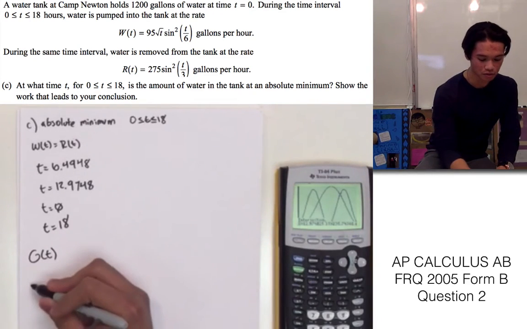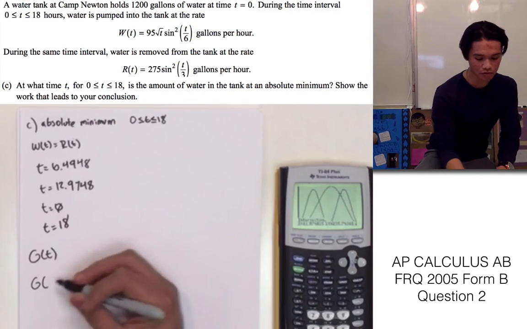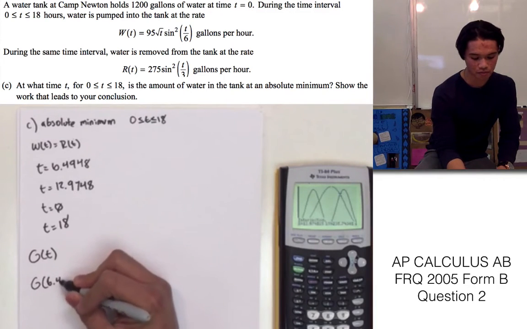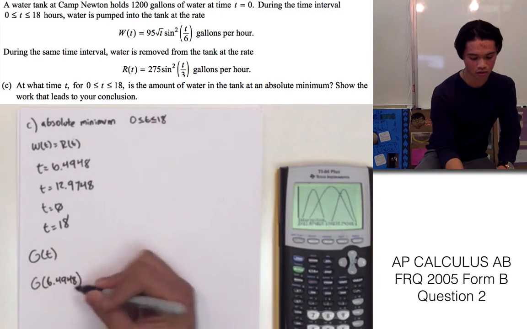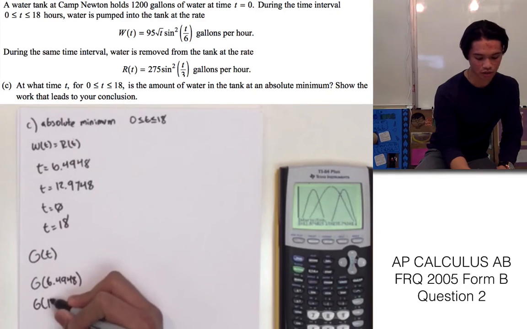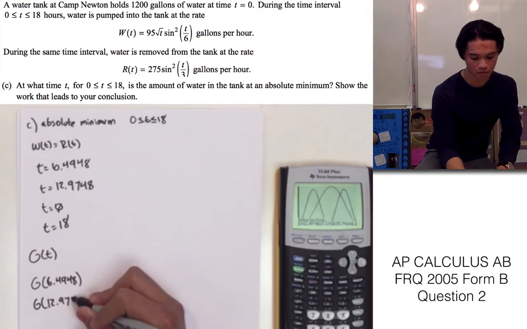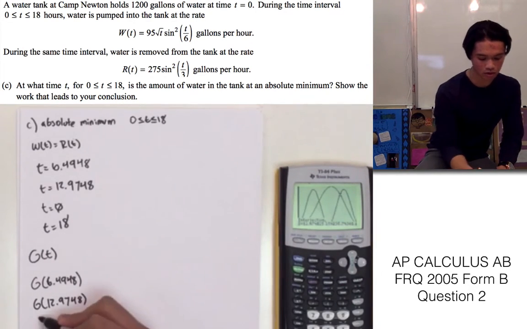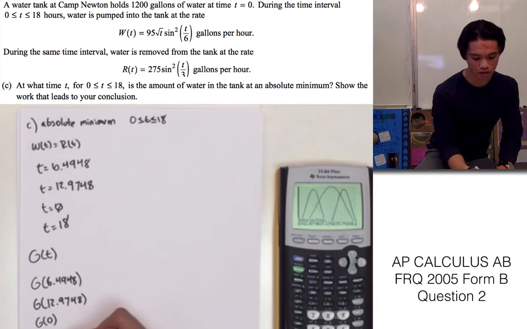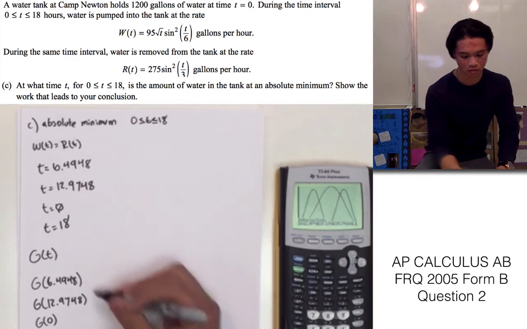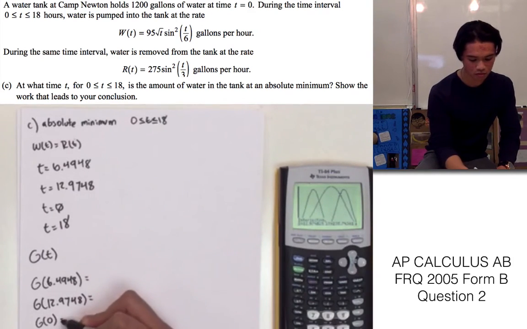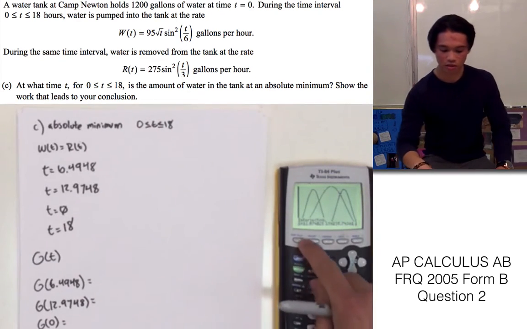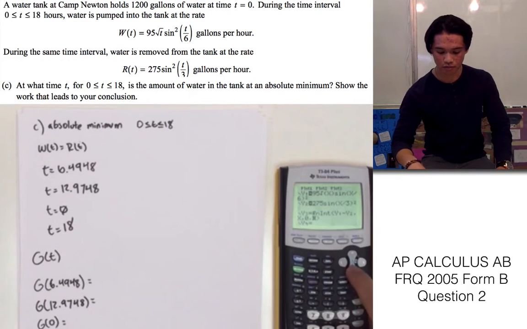And we will have to find g of the first critical number, g of the second critical number, g of 0, and g of 18. So let's go ahead and go into our calculator.